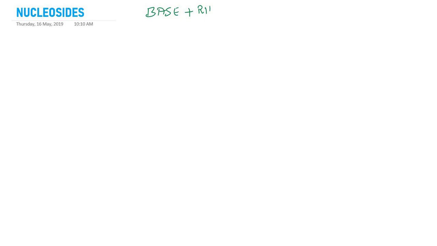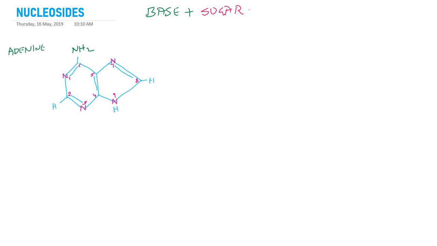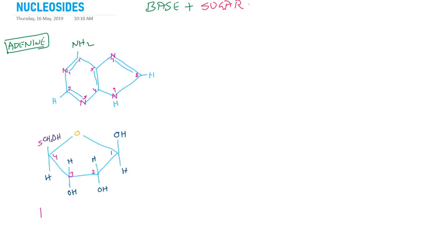I will keep it as sugar because this ribose could be deoxyribose or simply ribose. So I will write the structure of combination of one base and the ribose. Here I have taken a base. This is adenine. This is a purine base. Now we will see how this purine base combines with sugar. Sugar is ribose. So this is our beta D ribose.